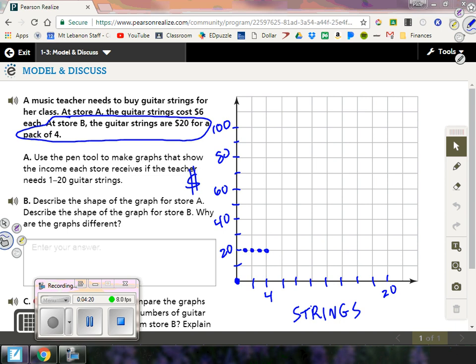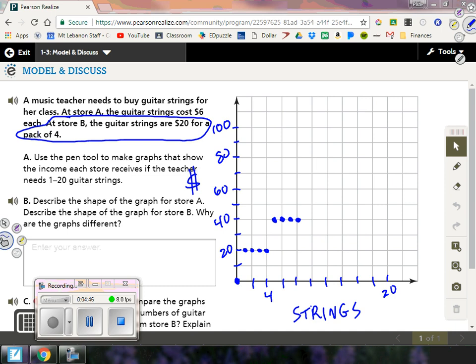What do you think of that? You need 1, it's $20. 2, $20. 3, $20. 4, $20. 5? You have to buy another 4-pack, so your price would jump up to $40. 6, $40. 8, $40. If you need 9, guess what?